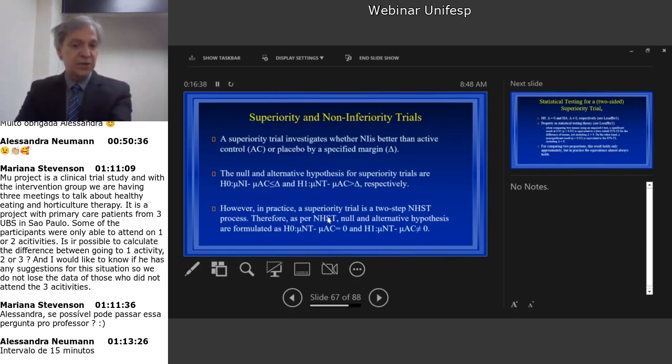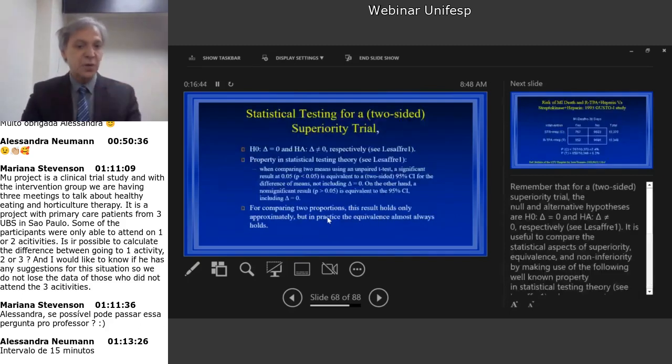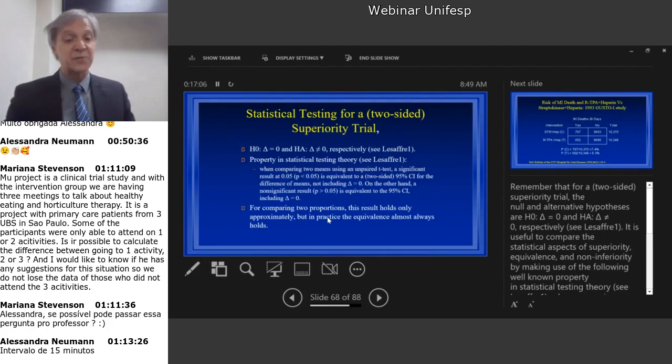Remember that I showed that to you before, how you set up your statistical hypothesis. There's something about the properties of statistical test theory. When comparing two means using an unpaired t-test, a significant result is equivalent to a two-sided 95% confidence interval for the difference in means not including delta of 0. On the other hand, a non-significant result is equivalent to a 95% confidence interval including 0.